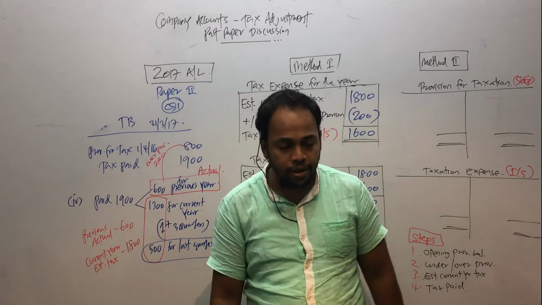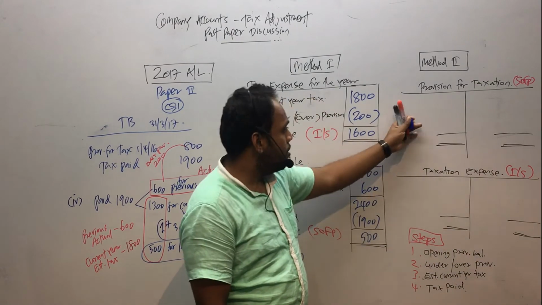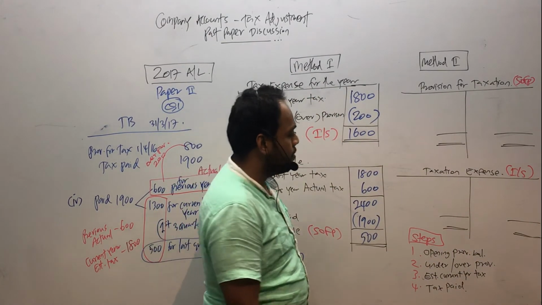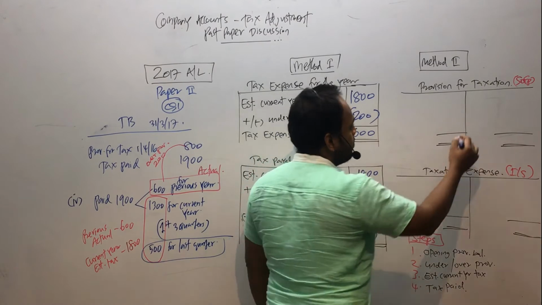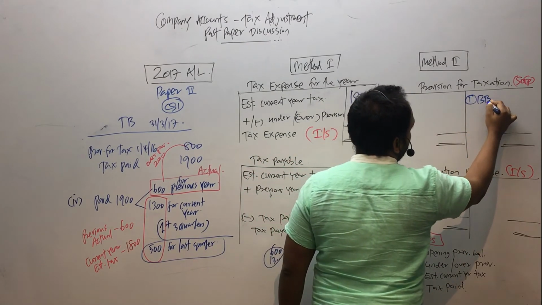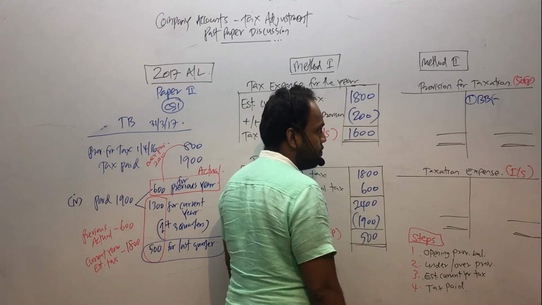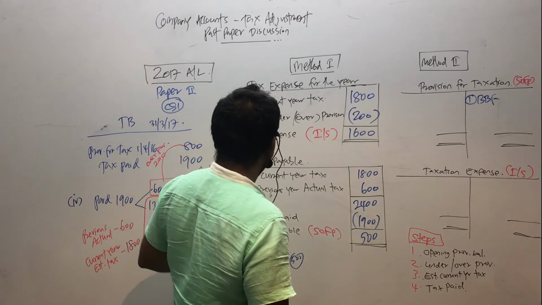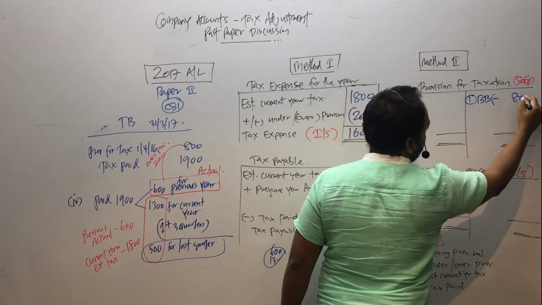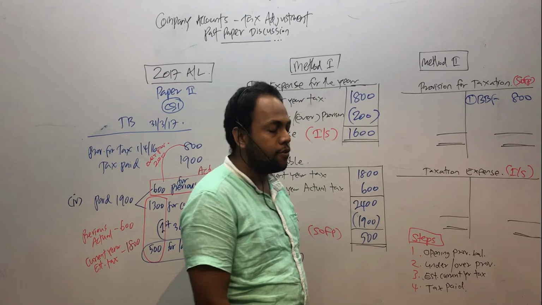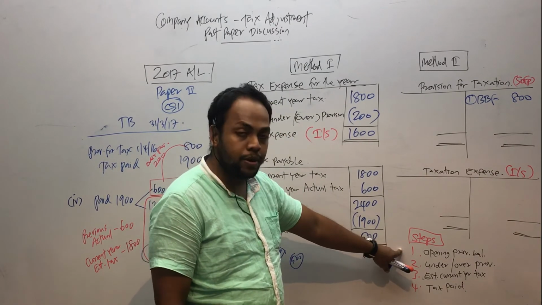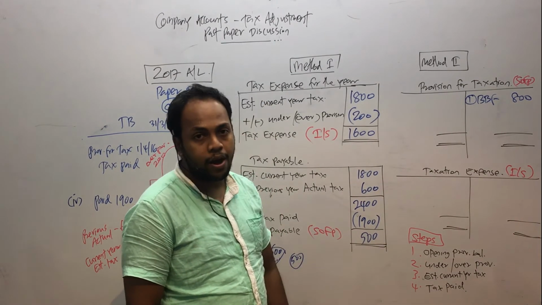So this is method 1. If you are familiar with double entries, do method 2. Follow the 4 steps. Step number 1: record the opening balance. Provision for taxation is 800. Opening provision for taxation is 800. Then the second step, under or over provision.